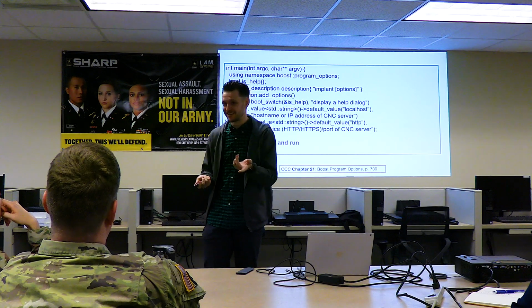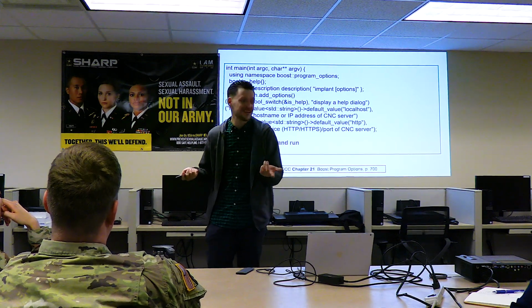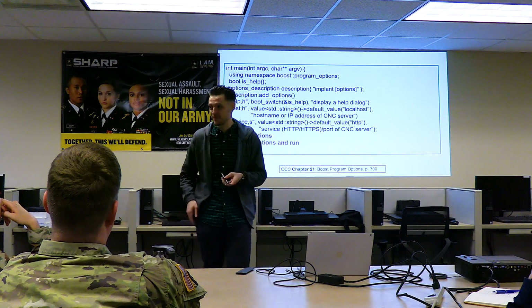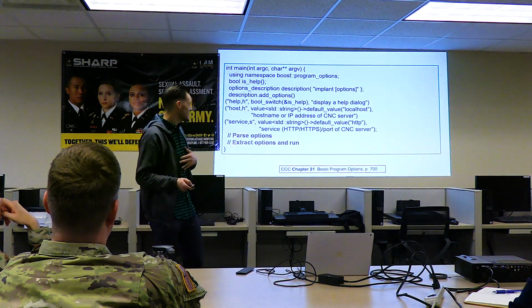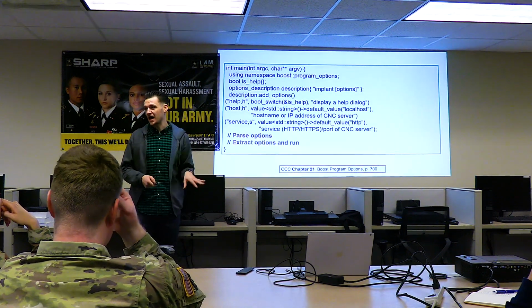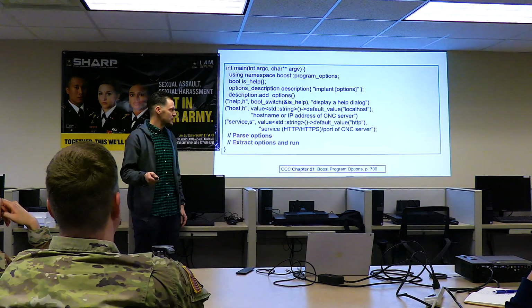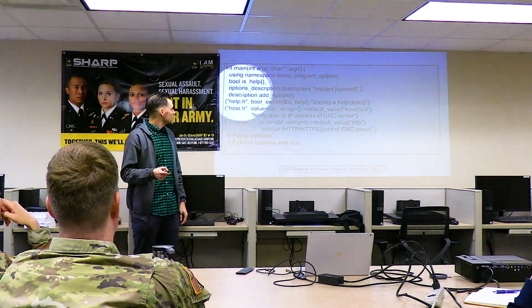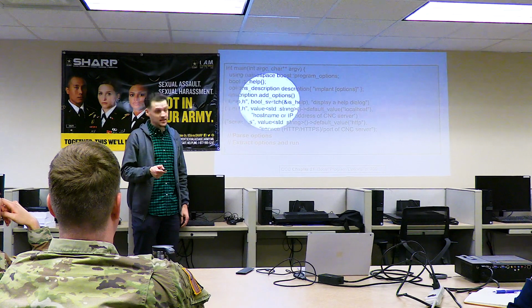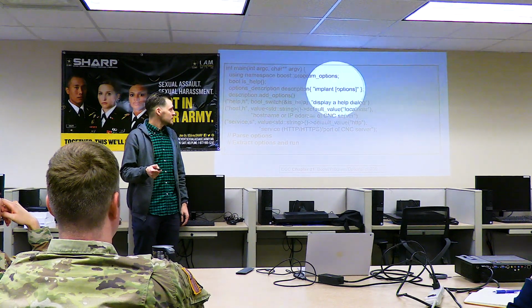I know you've written parsers in C to parse argc and argv, and it's a mess every time, right? The syntax is a little funny. It's kind of dense, but just to give you a high level overview, you can read more about it. You have this options description class where you tell it what you want it to prompt the user with.